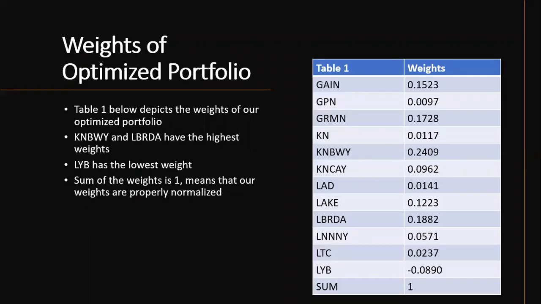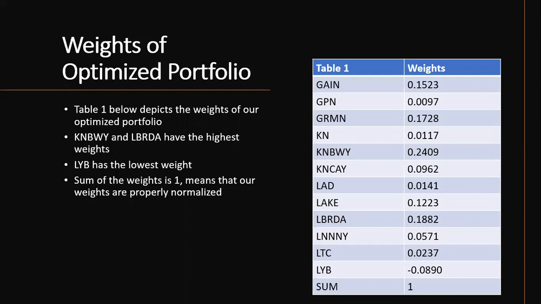Weights of optimized portfolio. Table 1 below depicts the weights of our optimized portfolio to 4 digits of precision with the sum of the weights. From the table, we can see that the tickers like KNBWY and LBRDA have the highest weights, and clearly LYB has the lowest weight.